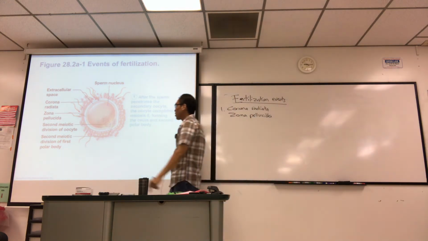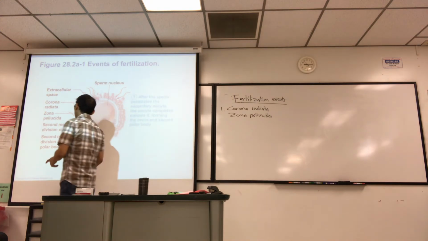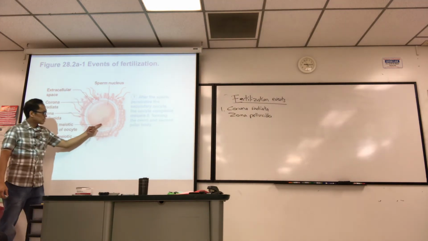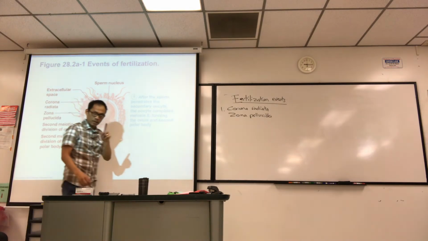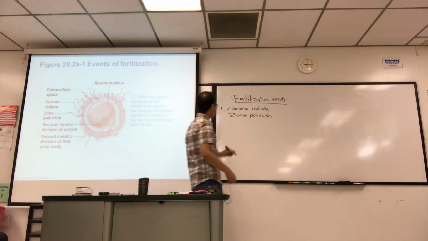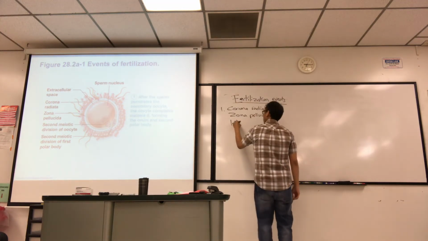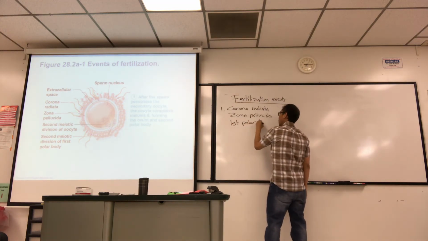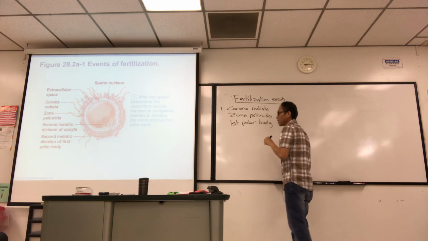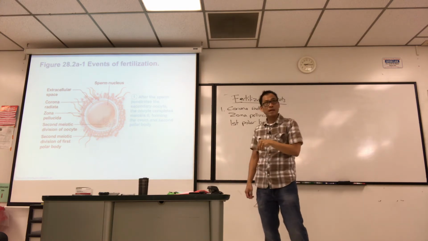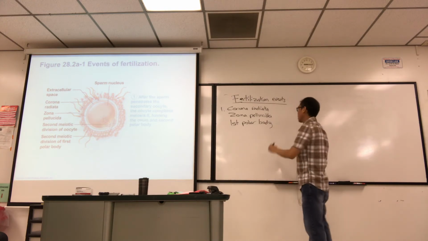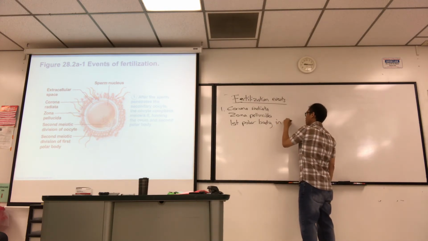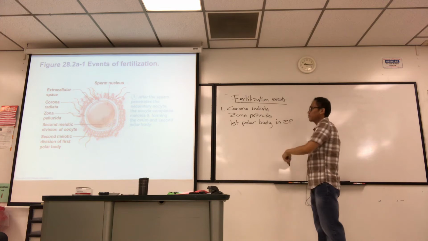Let's take a look at what's going on with meiosis. You're still in meiosis 2. Looks like you're in anaphase there. And I see a polar body, first polar body. It's there. Notice how the first polar body is outside the oocyte, inside the ZP, zona pellucida. But it's been ejected from the cell.